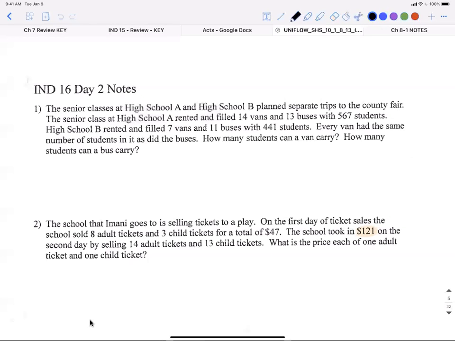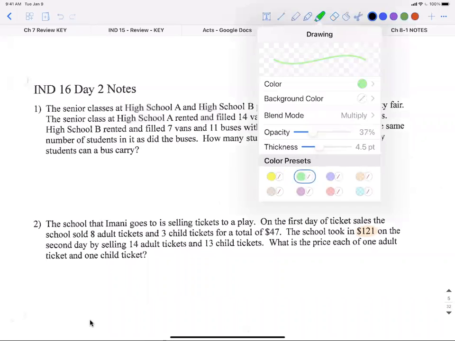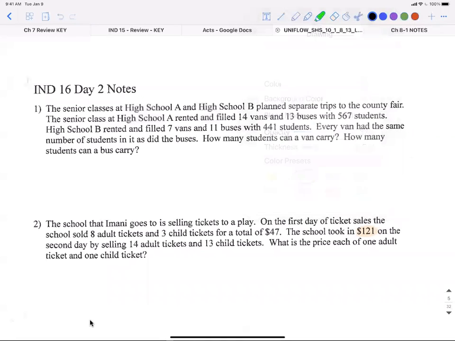Okay. All right. So if we look at example number 1, again, we're only going to do 2 examples here, so this should go fairly quick. For example number 1, we have high school A renting 14 vans, 13 buses for a total of 567. The layout at least should look familiar.